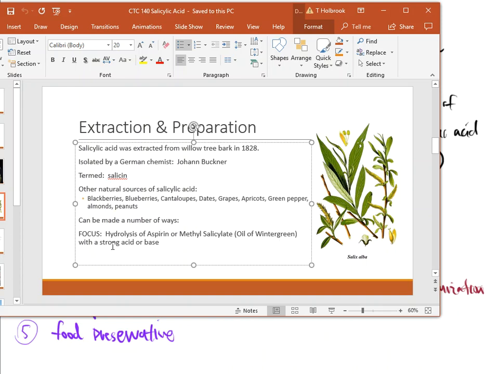Most of the time you will use a strong acid or a base for this to work out the way that you want it to. In this lab, if I'm not mistaken, they will tell you to take oil of wintergreen, methyl salicylate, and undergo a reaction with it, and you will end up with salicylic acid in the very end.